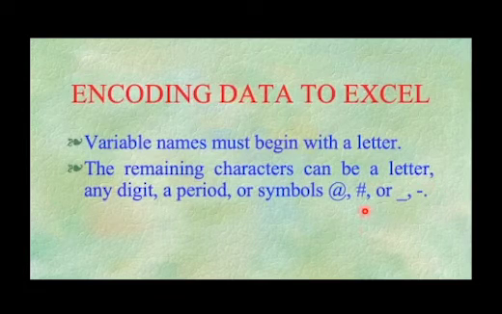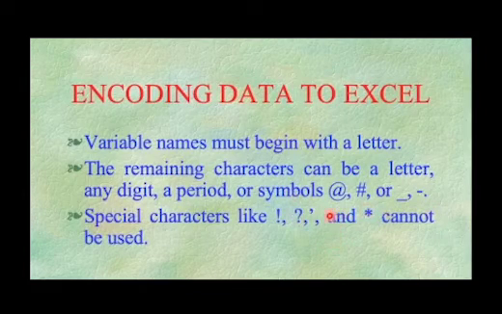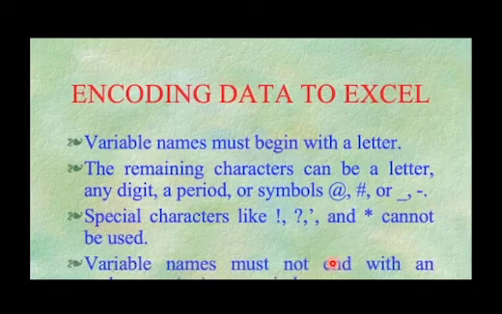But special characters like this cannot be used in the variable names. And variable names must not end with an underscore or a period. You can have an underscore in a variable name, but not at the end.